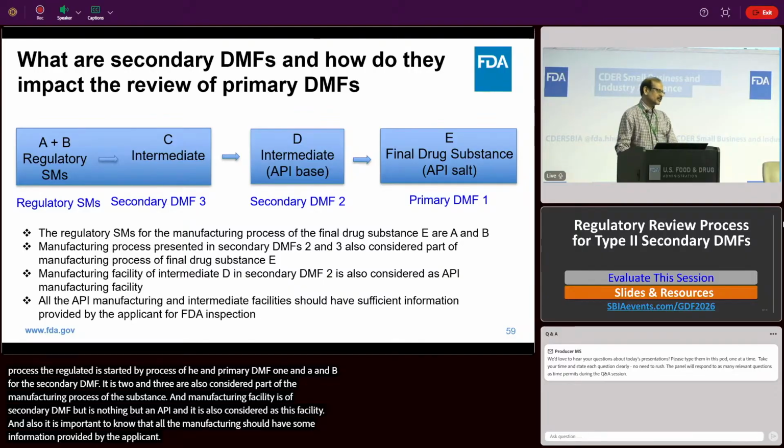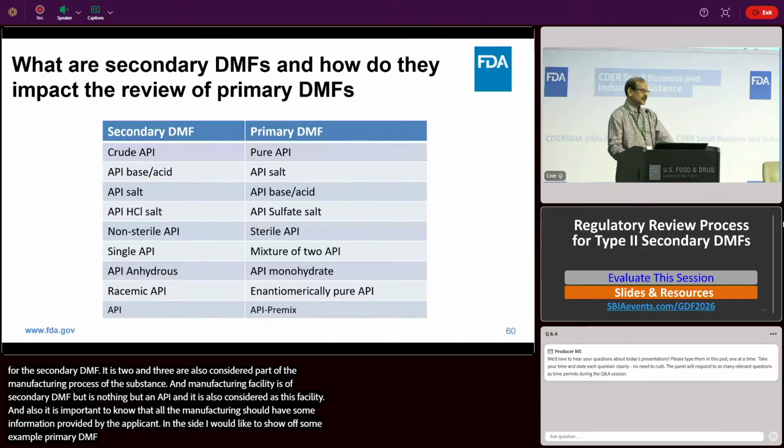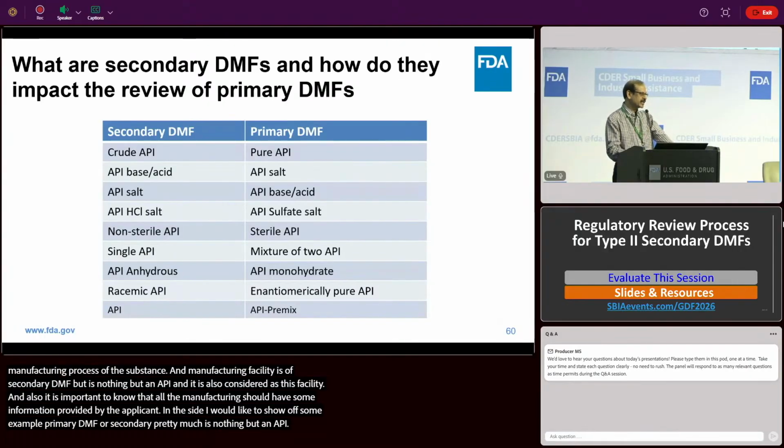In this slide, I would like to show some examples where the primary DMF refers to secondary DMFs which are nothing but an API. So, for example, a pure API primary DMF can refer to a secondary DMF, which is a crude API. A primary DMF which has an API salt can refer to the corresponding base or acid in a secondary DMF.